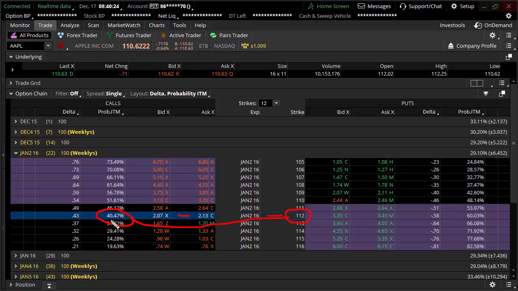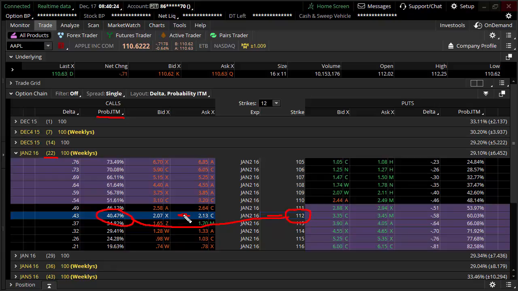This is a 40% probability that the 112 calls are, quote unquote, in the money by 1 penny or more come expiration. Expiration is 22 days from now. I want to enunciate precisely that. There's a 40% chance that we're going to be above 112, and the actual definition is 1 penny or more, so it's 112.01.